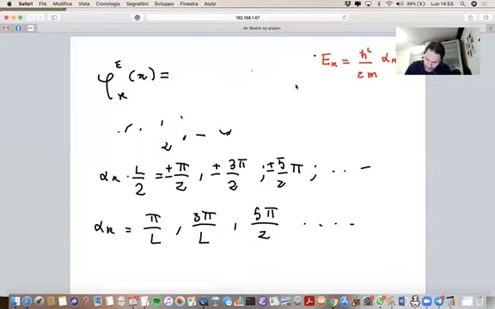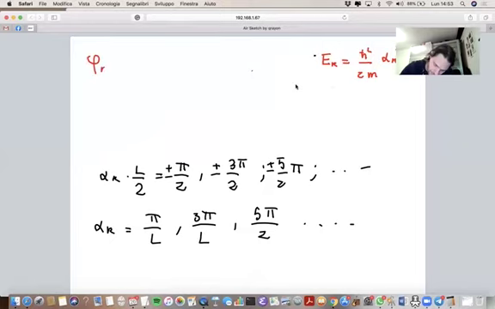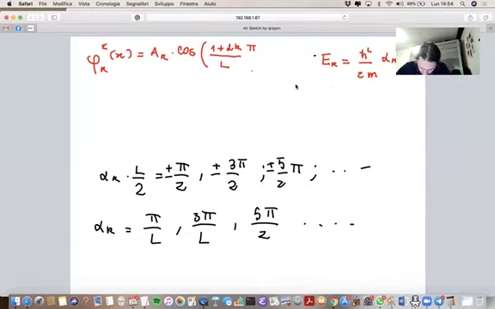So let me summarize all this by saying that we found a family of even solutions, phi k even of x equals a k, to be determined, we will discuss what these constants are, times cosine of pi times 1 plus 2k divided by L, times x. No, there's a 2 here.